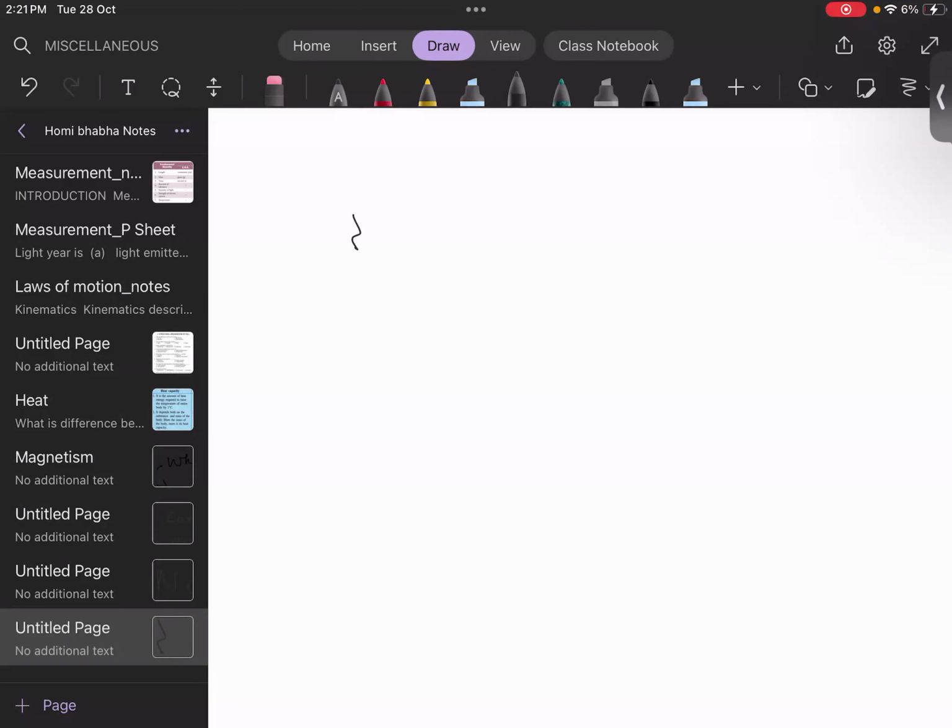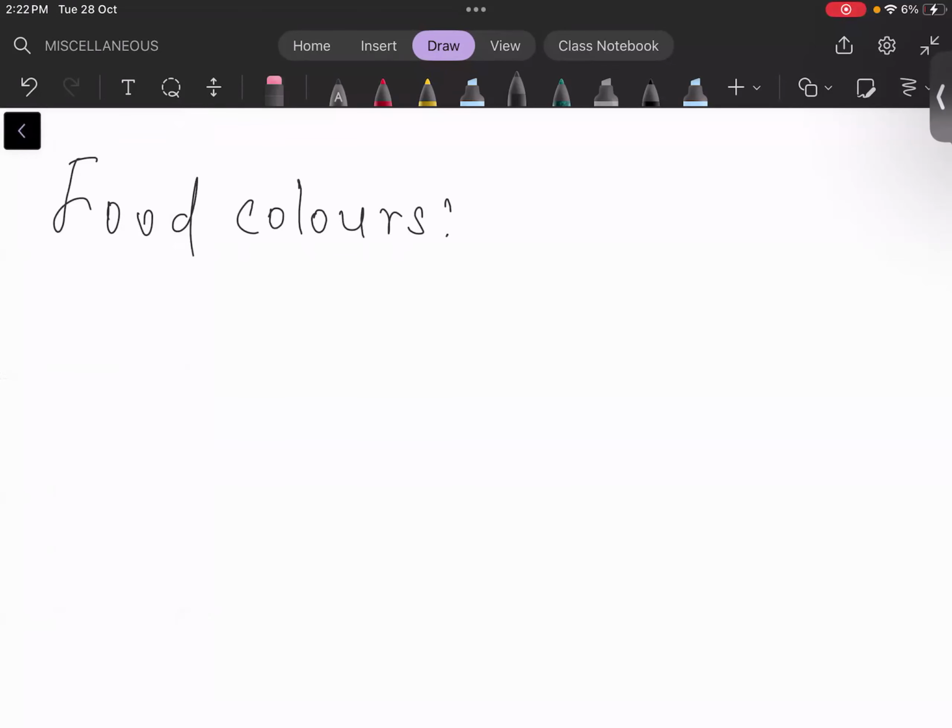Next part is food colors. What are food colors? You are eating red color pav bhaji in the market, but in the house you're not getting such kind of red color, right?